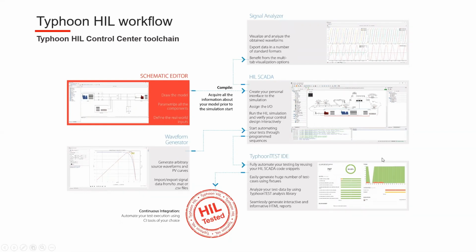Typhoon offers a fully integrated tool chain, from control prototyping environment to test automation framework. The whole tool chain is vertically integrated, so there are no third-party tools or licenses, and it's designed for control product lifecycle support.